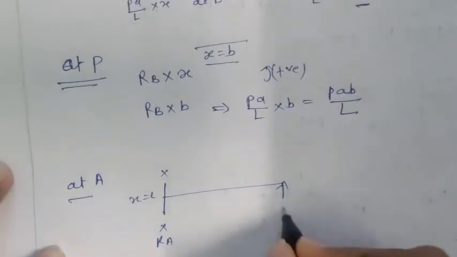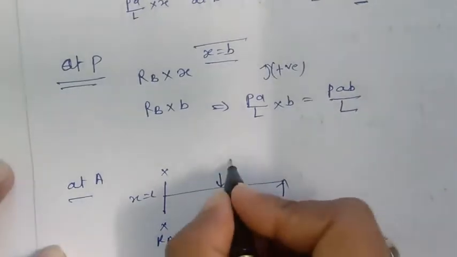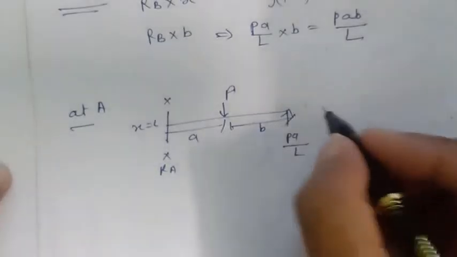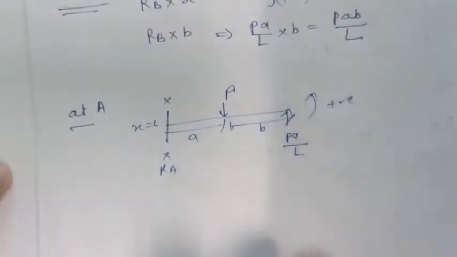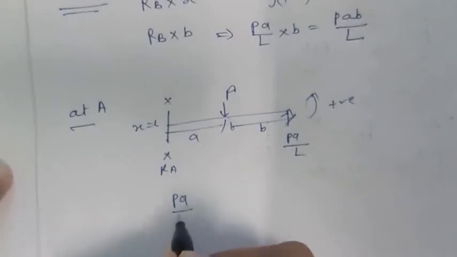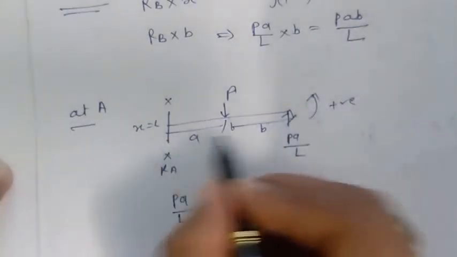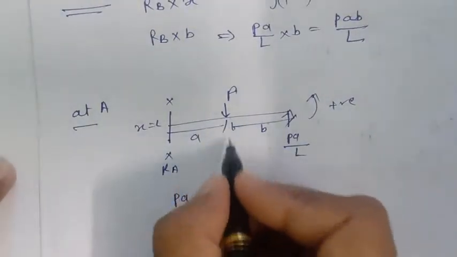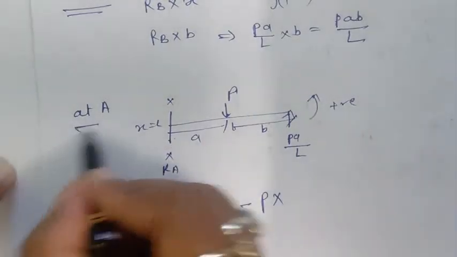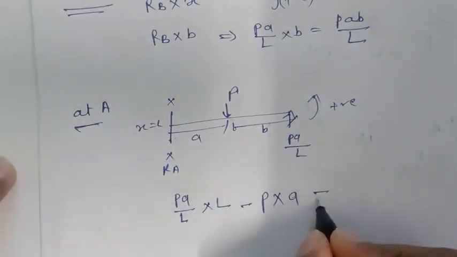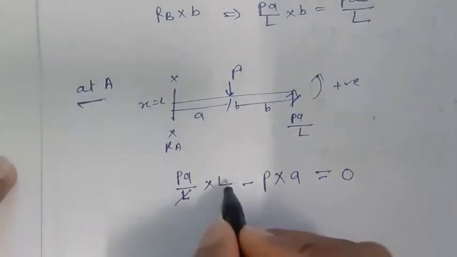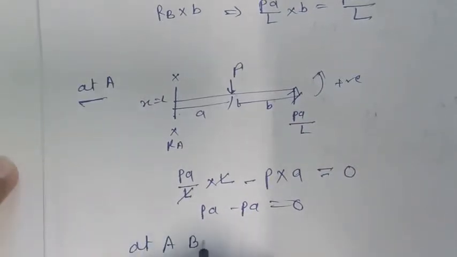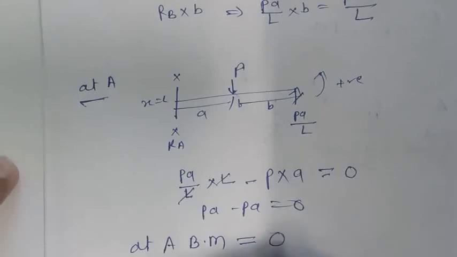So here this is the PA by L and this is the P, where this distance is B and this distance is A. If I move, it's taking positive, so PA by L into the distance A plus B, positive, minus P into A distance up to point A, so this is A equal to 0. So P by L cancels, PA minus PA equal to 0. So at A the bending moment will be 0.